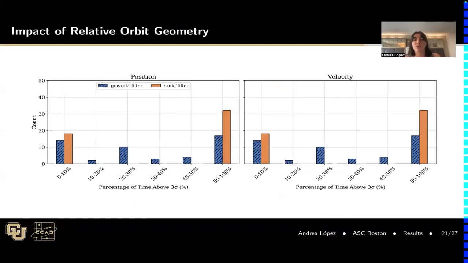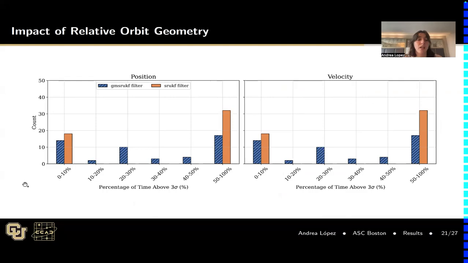Now, for the impact of the relative geometry, we have here the same type of plot again. For the single filter, the cases either are successful or do not do well at all. There's no in between, but for the Gaussian mixture cases, it's a little bit more nuanced.